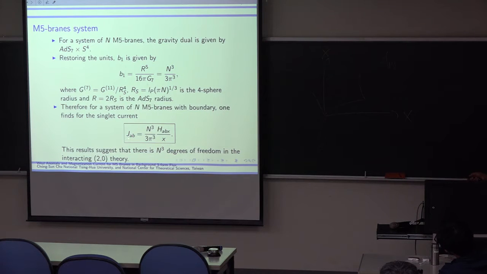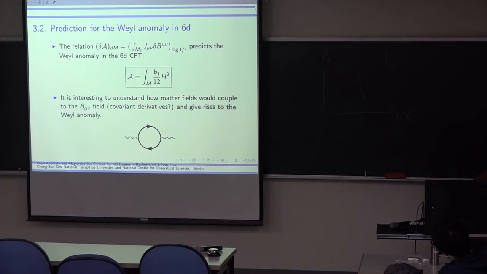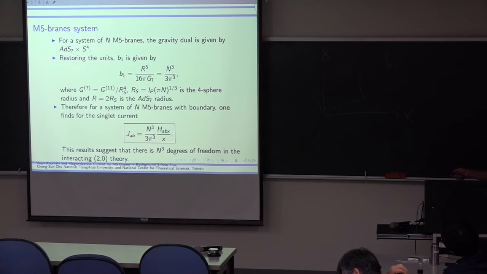So the current itself, being order N cubed, suggests that there are N cubed degrees of freedom running around some loop. Although we don't know how they couple, if this picture is right, then there will be N cubed particles moving in the loop. So it suggests that at least there will be N cubed degrees of freedom coupling to the B field.